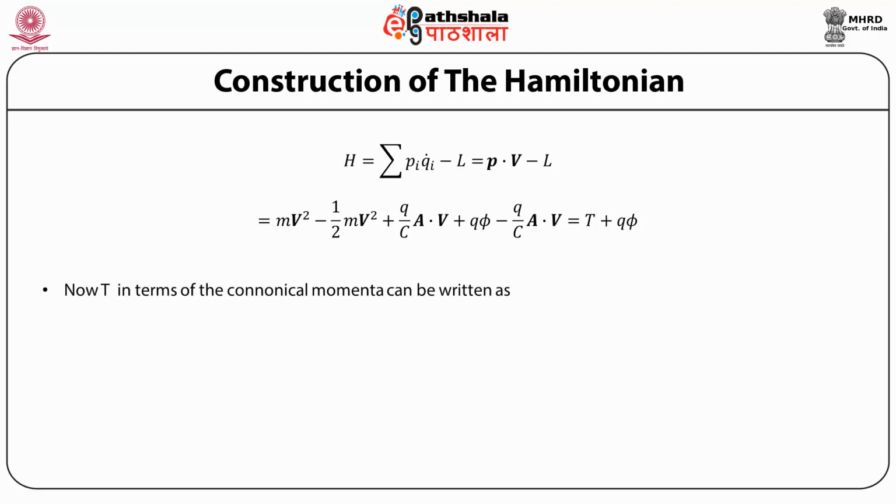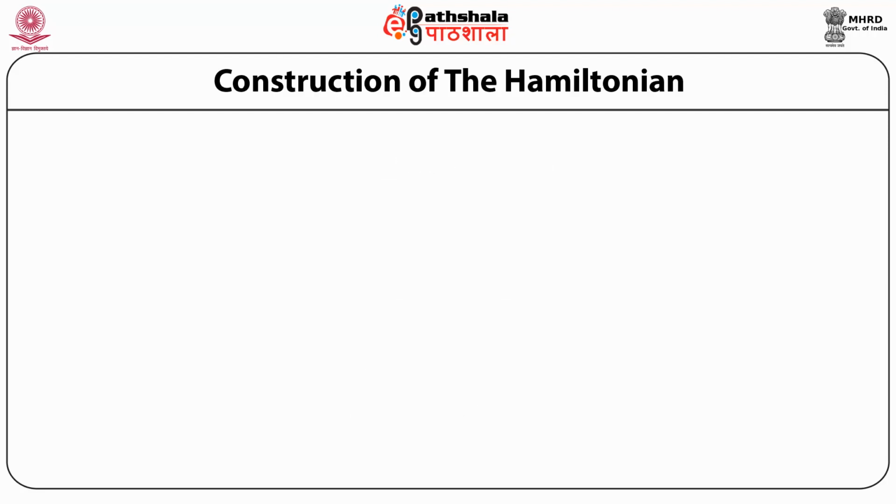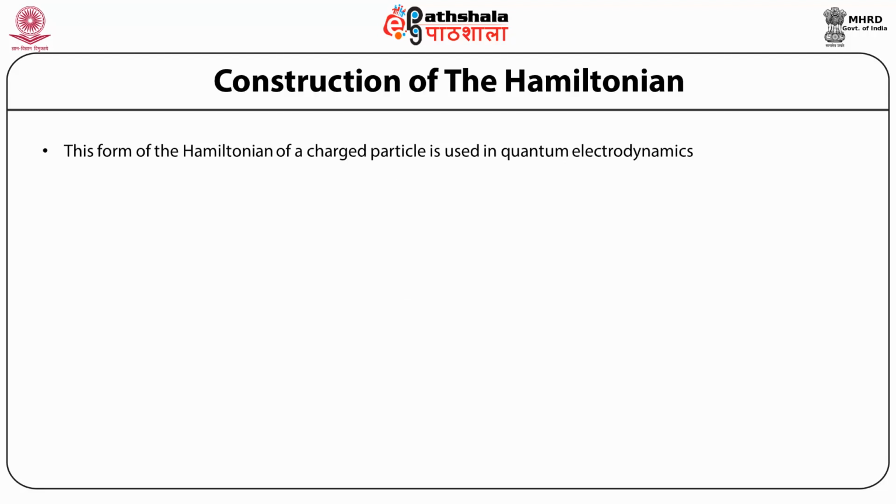Now, the kinetic energy T can be expressed in terms of the canonical momenta, and it can be written as T is equal to 1 by 2m (P minus q by c A) whole square, where A is the vector potential. Therefore, the Hamiltonian becomes 1 by 2m (P minus q by c A) whole square plus q phi. This is the form of a Hamiltonian of a charged particle which is used in quantum electrodynamics.